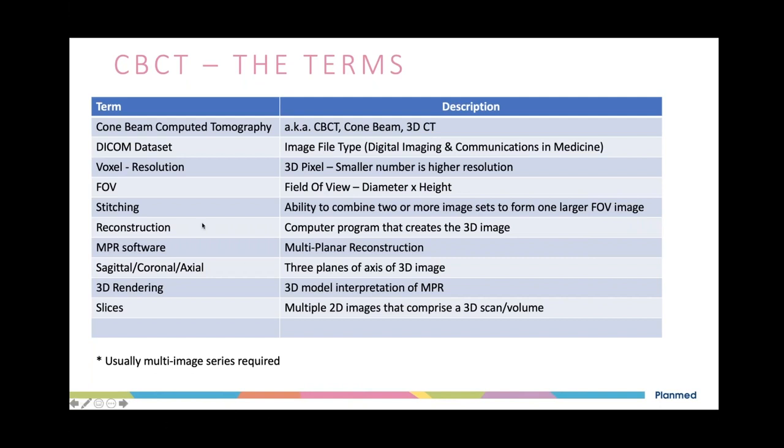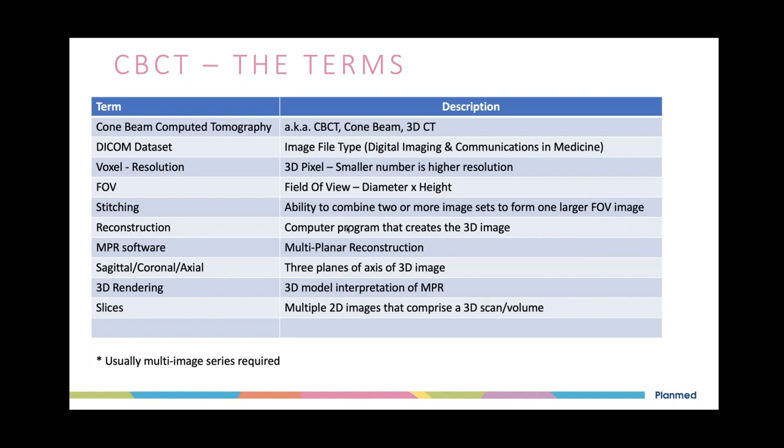The reconstruction is what the computer does. That is the computed part of computed tomography, where it takes all of those individual two-dimensional slices and reconstructs it into your three-dimensional image.